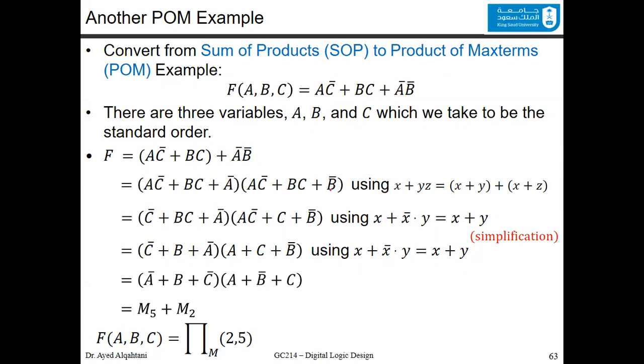You can see at the beginning we are using this technique, which is the distribution of the x this way, x or y, x or z bar. We did it here by distributing this term to the others this way, a bar with the other minterms.